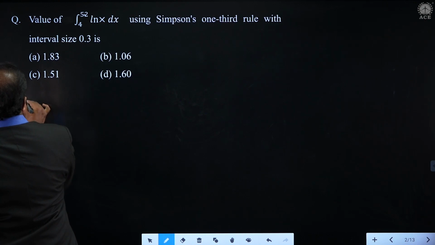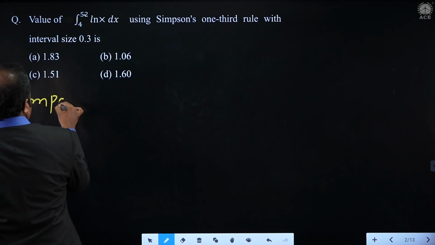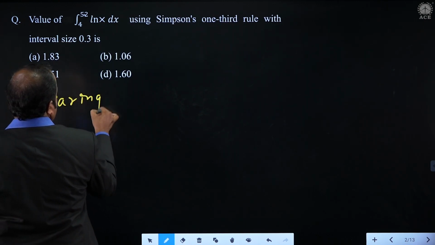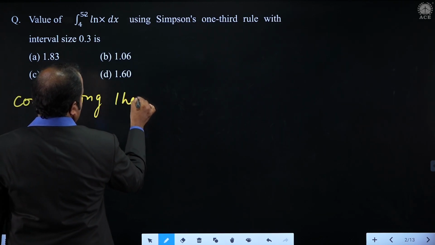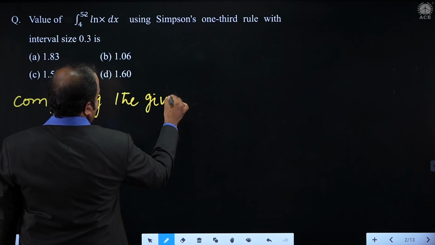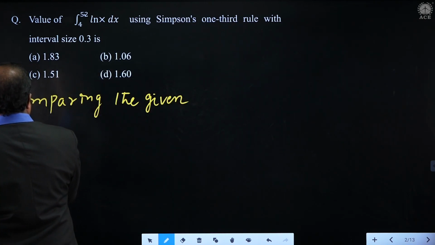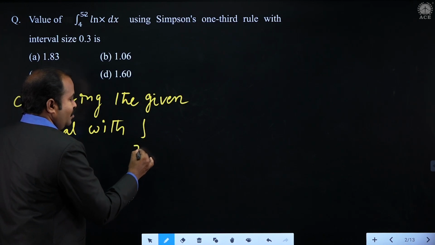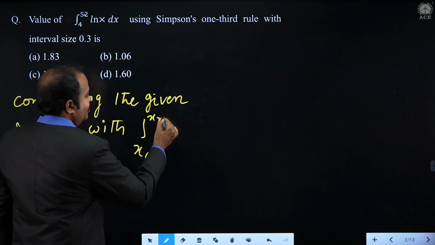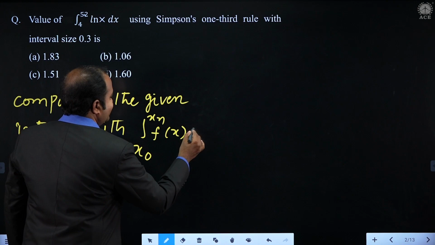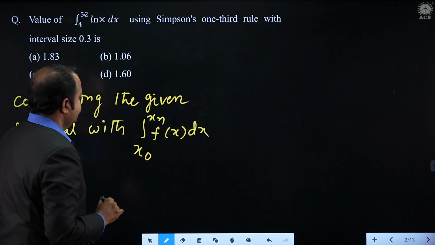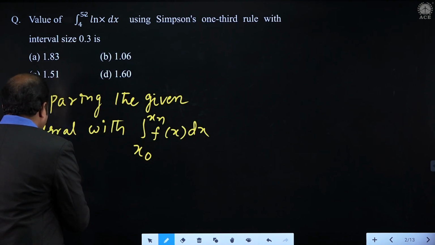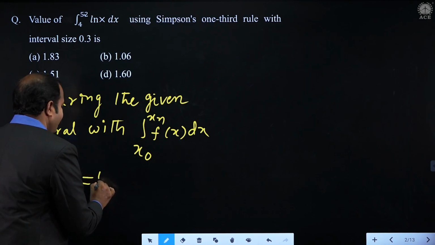Comparing the given integral with the integral from x naught to xn of f of x dx, what is x naught here? x naught equals 4.